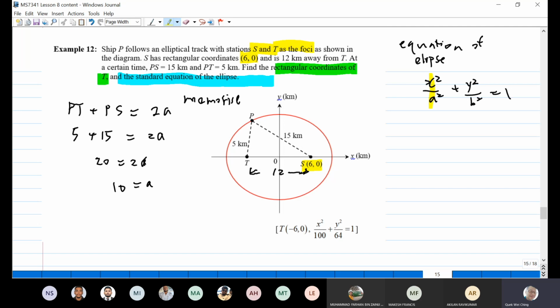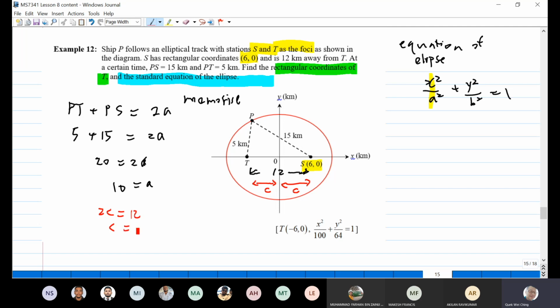One thing we know is this distance from here to here is called c. Center to focus is called c. So what is 2c now? Center to focus, 2c, right? So 2c equals 12.